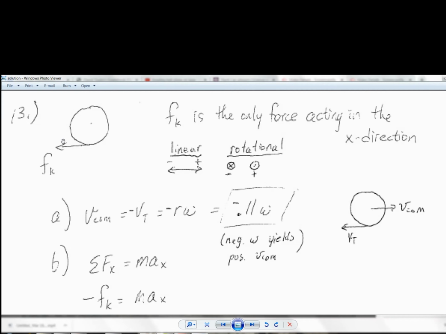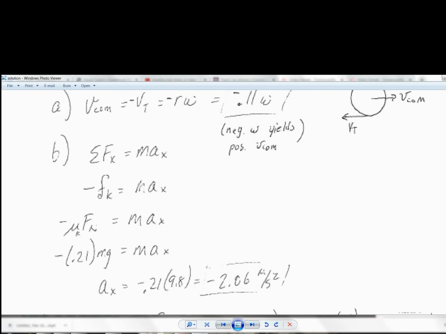So here again, we see our force diagram. In the x direction, this is the only force. So the sum of the forces in the x equals mass times acceleration in the x. The kinetic frictional force is the only force in the x, and it's in the negative direction. We know that frictional force is mu times the normal force.